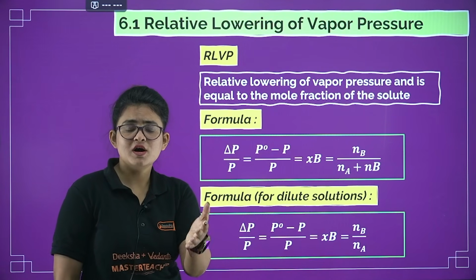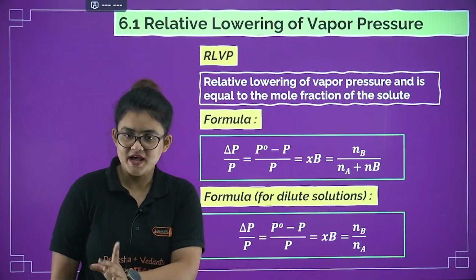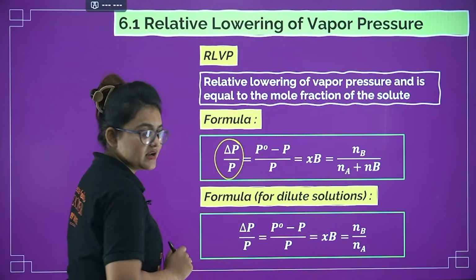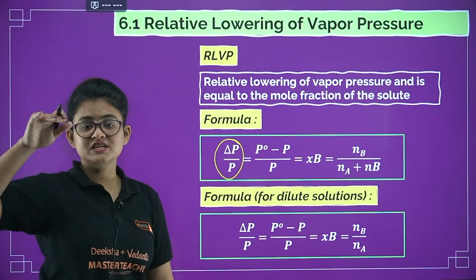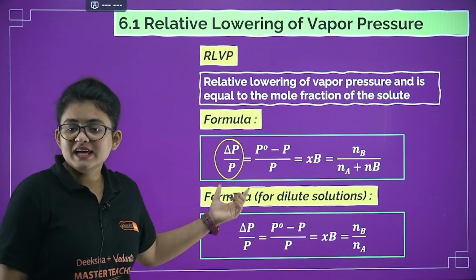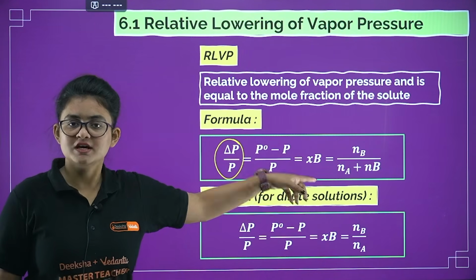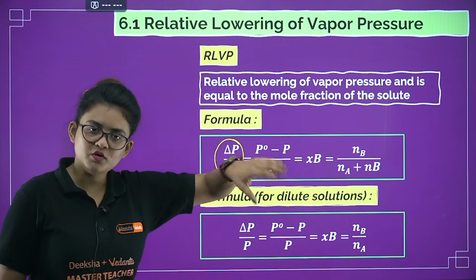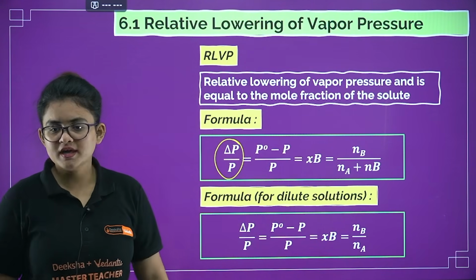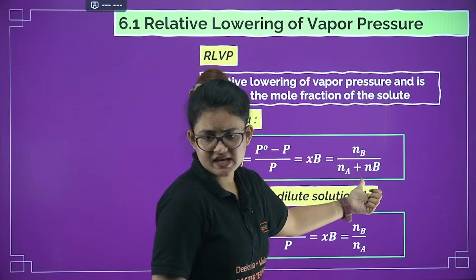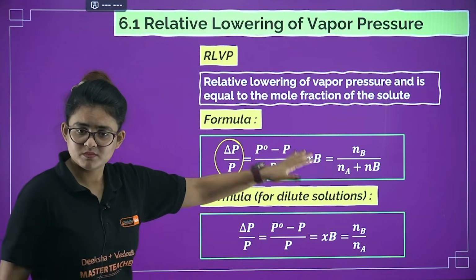That is the relative lowering of vapor pressure, right? This entire thing is called RLVP. Del P, the change in vapor pressure, divided by P, is equal to the mole fraction of the solute itself. RLVP is directly equal to the mole fraction of the solute. If you break it down, that is Nb divided by Na plus Nb, right? Just the mole fraction term broken down.